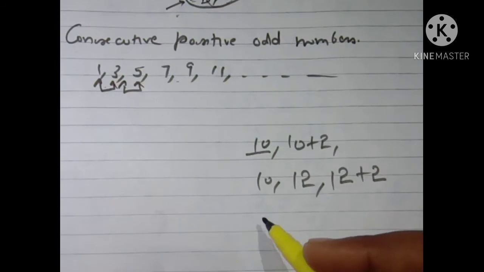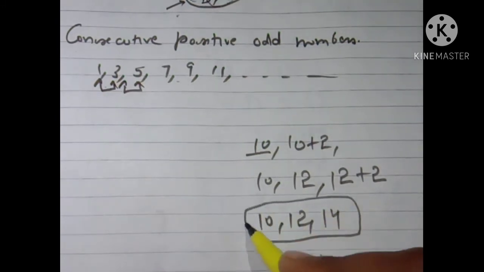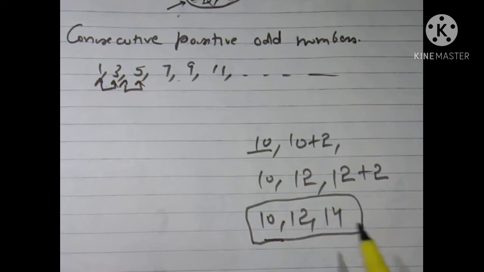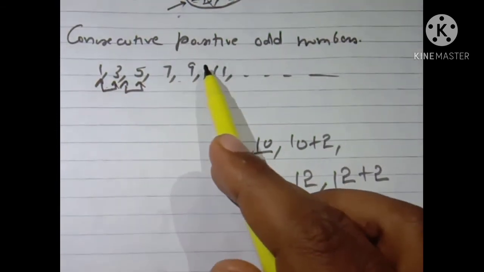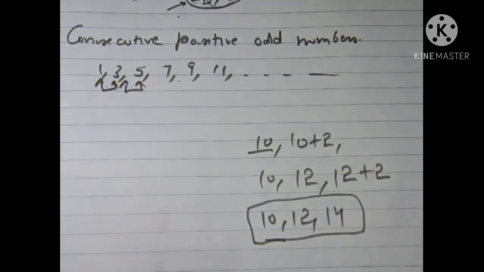So you can see it will become 10, 12, 12 plus 2 is 14. Like this way we can make the consecutive even numbers when we are adding only 2. And also when we are writing the odd numbers, that time we can add 2 while making the consecutive odd numbers. So we will use this condition to solve the next sum.